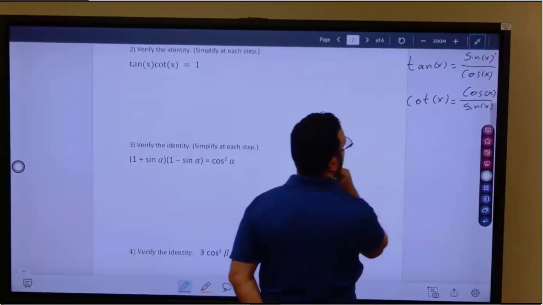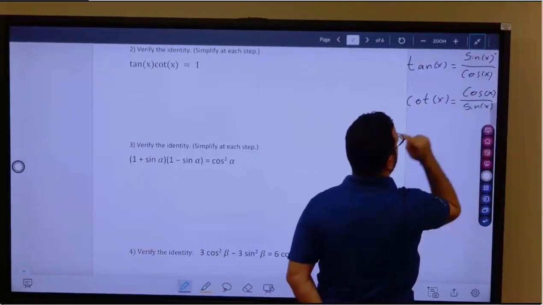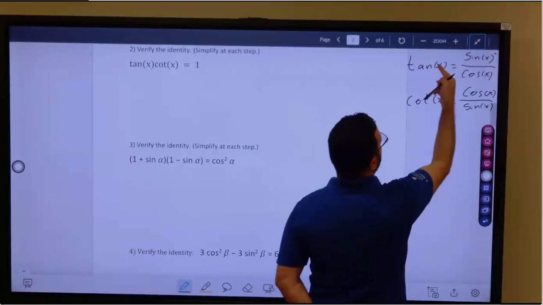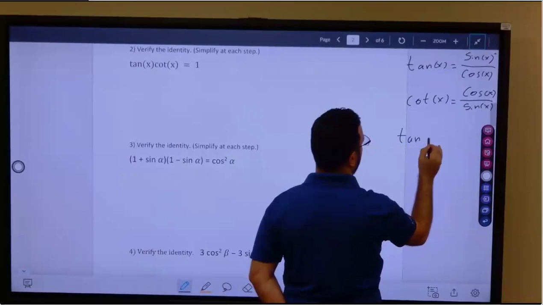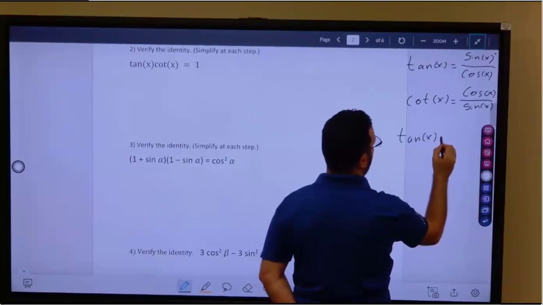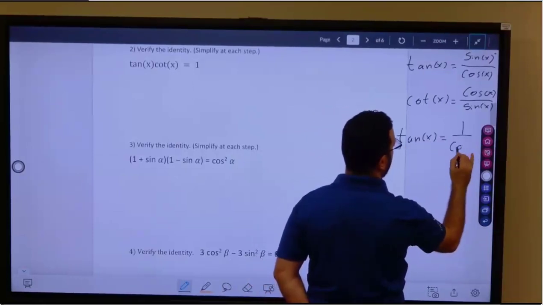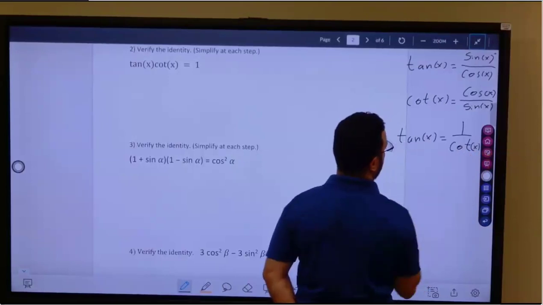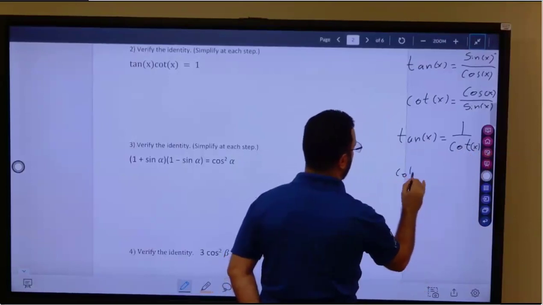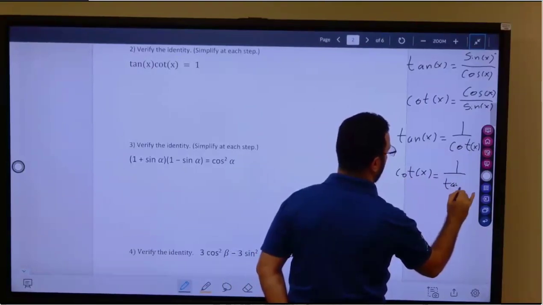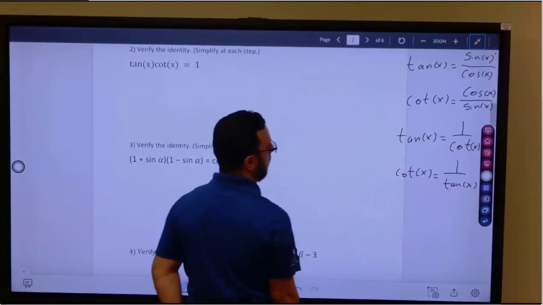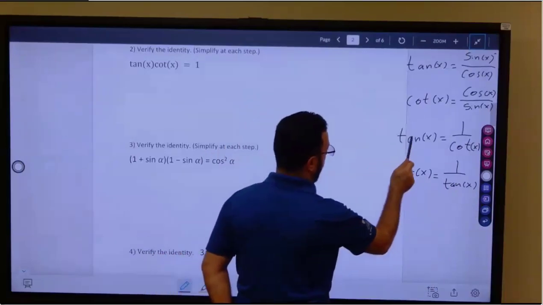What does that mean? That means cotangent is the reciprocal of tangent, and tangent is the reciprocal of cotangent. So we can say that tangent x equals the reciprocal of cotangent x, and cotangent x is the reciprocal of tangent x. Now, let's go back here.